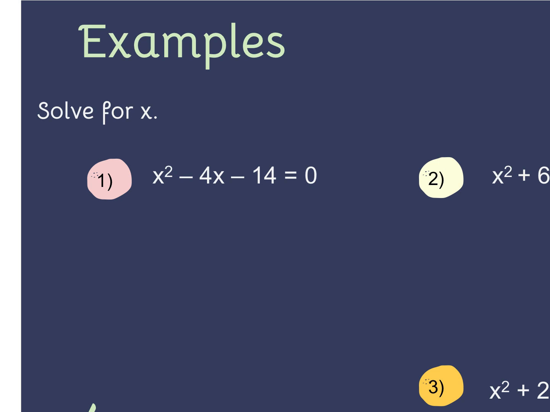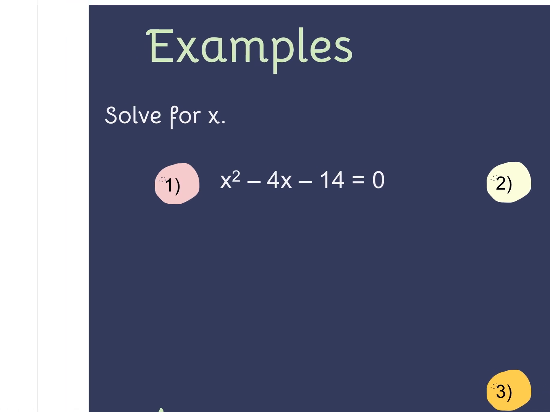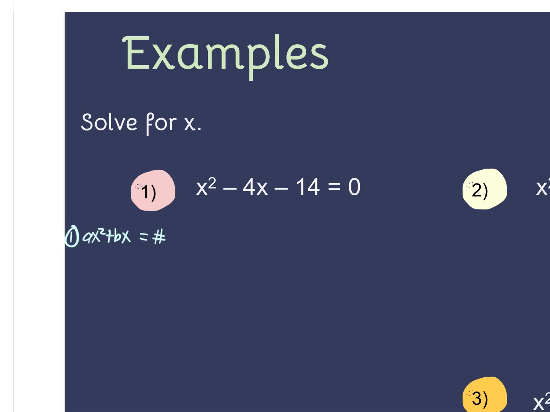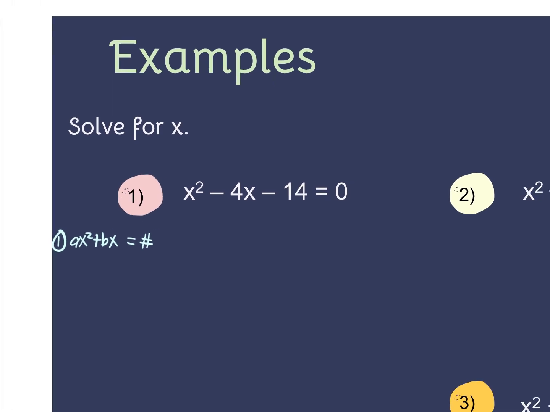Now, the first step is we want to get all of our constants to one side. So step 1, we want ax squared plus bx equals some number. We want our constants on one side and ax squared plus bx on the other side. Here we have x squared minus 4x.